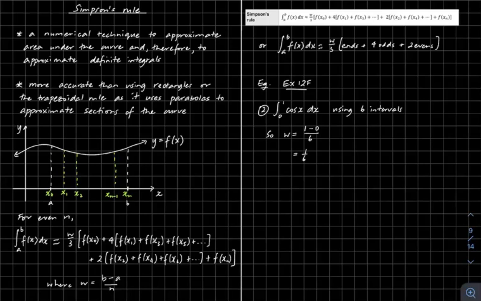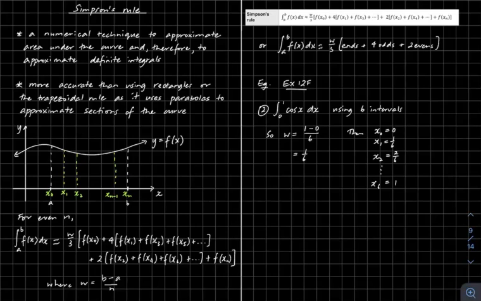And so therefore, our values of x, well, the first one is going to be at 0. x1 is going to be 1/6. x2 is going to be 2/6, and so on, down to x6, which is going to be 6/6, or equal to 1.